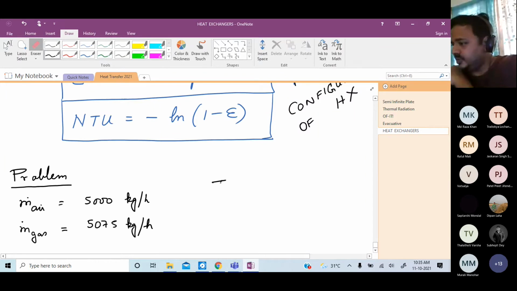Further given, THI is 450 degrees C, TCI is 170 degrees C.